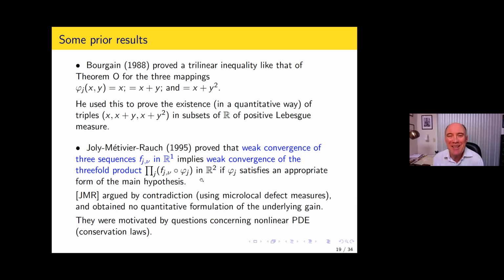Subsequently, Durchik and Roos and I treated a slightly different setup where we're integrating over a ball in R3, and we had three very specific mappings. But again, we had the same kind of bound involving some negative order Sublevel norms.